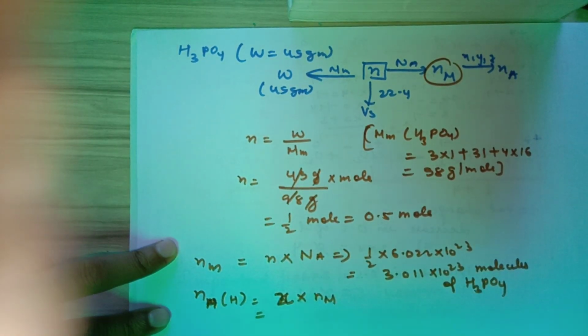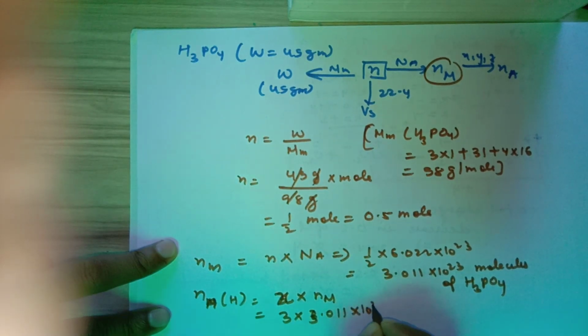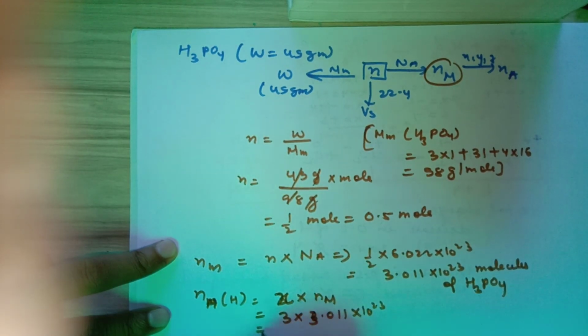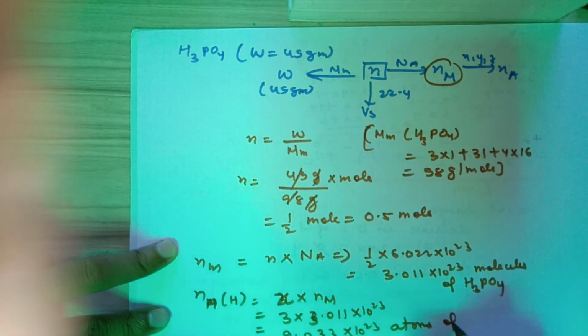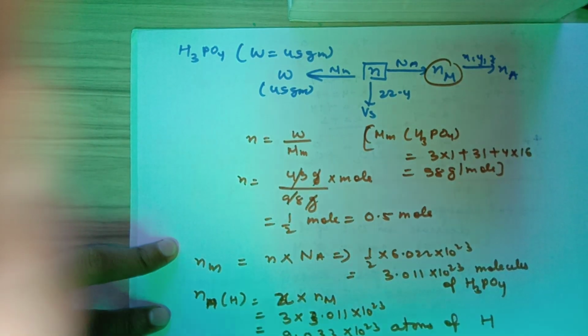We'll get 3 into 3.011 into 10 to the power 23, and that will be 9.033 into 10 to the power 23 atoms of hydrogen.